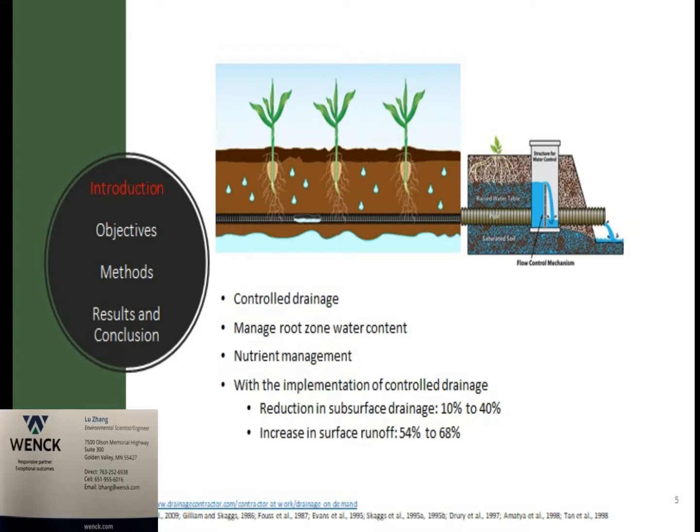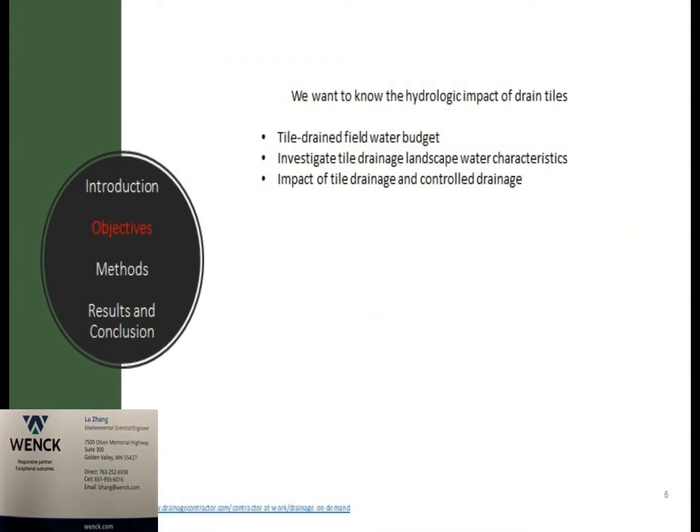Also, in different literature, people estimate that with the implementation of controlled drainage, it has the effect of reducing subsurface drainage by 10 to 40% and increasing surface runoff by 54 to 68%. So the objective of the study is to look at the hydrologic impacts of tile drain and controlled drainage.